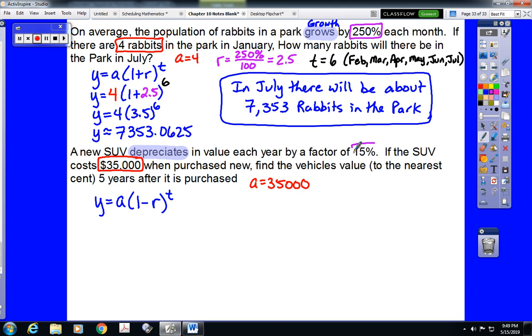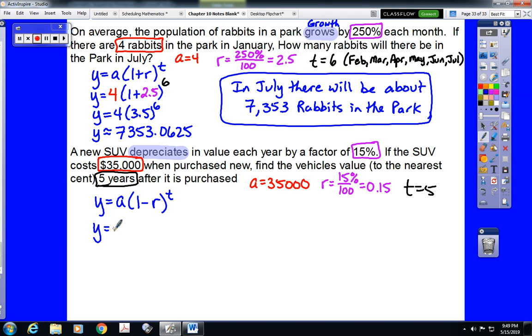R is this 15%, but again, we need to write that as a decimal. So we do 15% divided by 100, which would be 0.15. And the time is 5 years. T equals 5. Plug those numbers in.